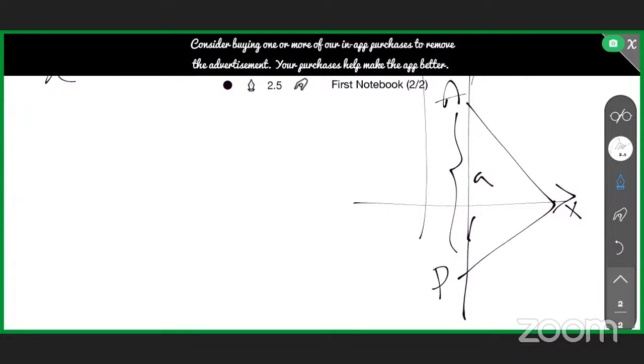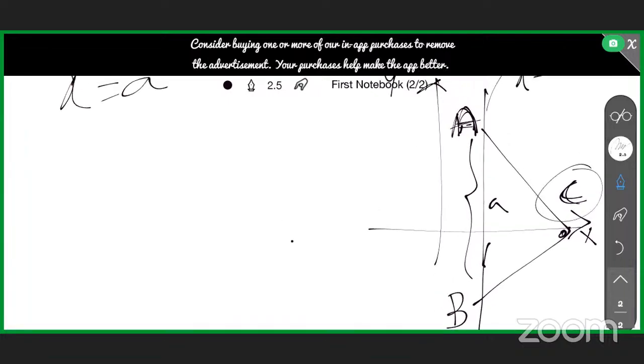The area of the triangle is a square. If I take the vertices of the triangle as A, B, and C, they are asking us to find the locus of this vertex C. Another condition given is that the area of this triangle is a square.